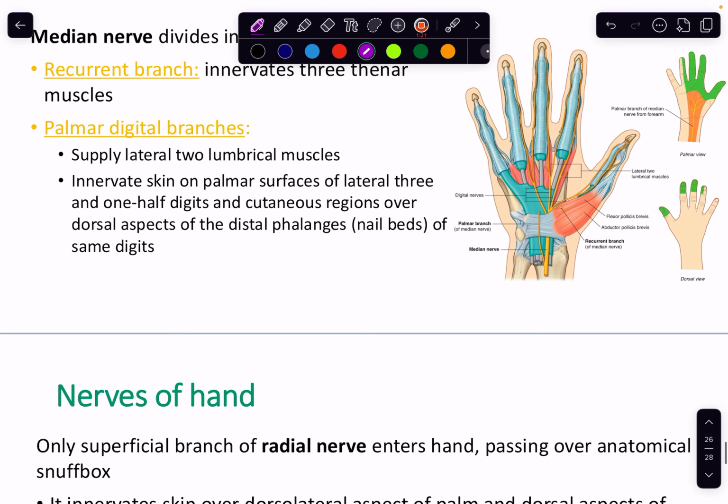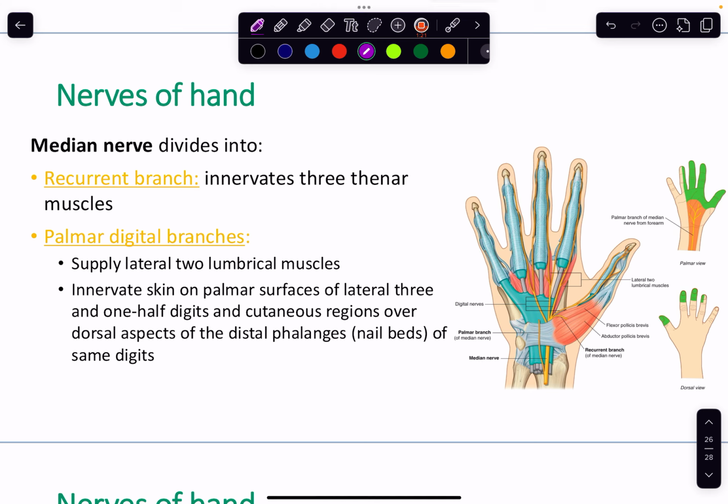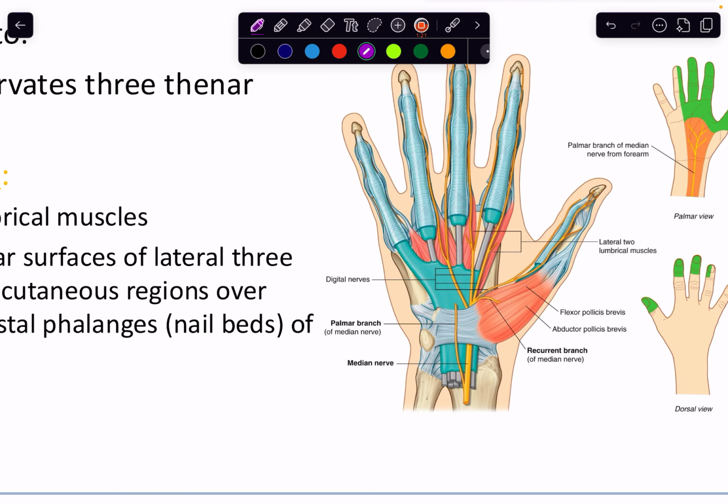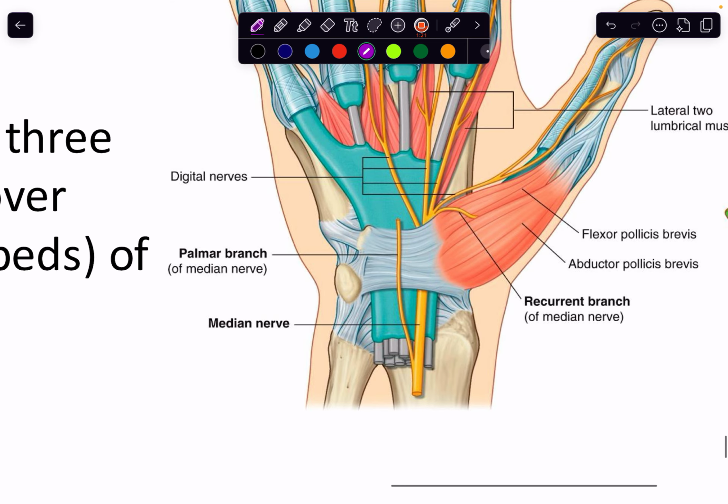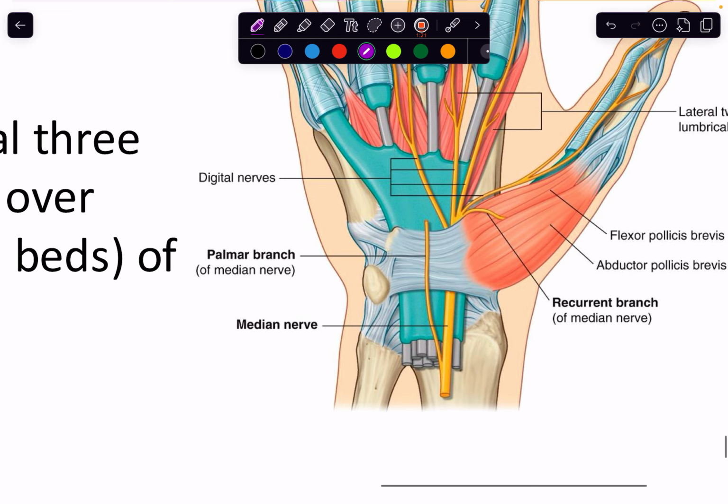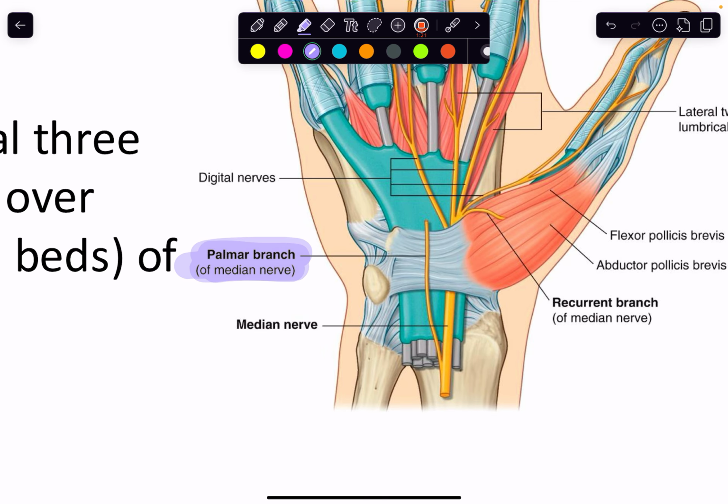Another, median nerve. Some clinical questions come with the branches of the median nerve. If you see here, there is a trick. Before the median nerve goes below the flexor retinaculum into the carpal tunnel, it gives a palmar branch. This is sensory, cutaneous, but only to the thenar area, not going to the digits.